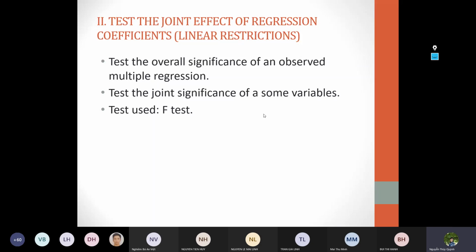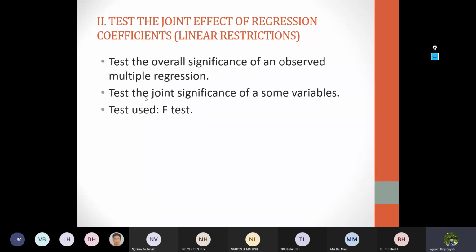For the joint effect linear restrictions test here, we will have two types of tests: the test of the overall significance of the sample regression model, and also the test of the joint significance of some variables in the model.